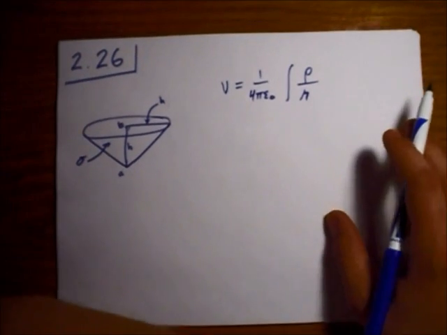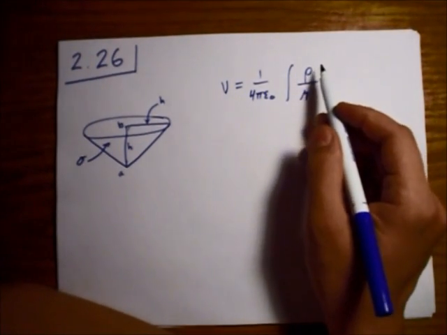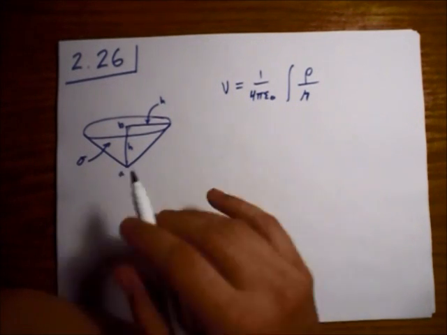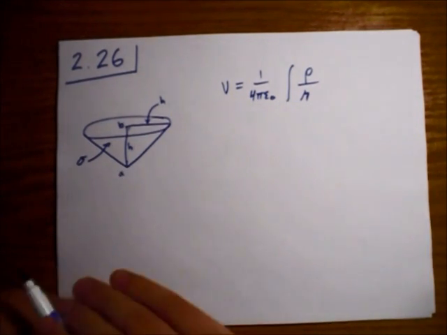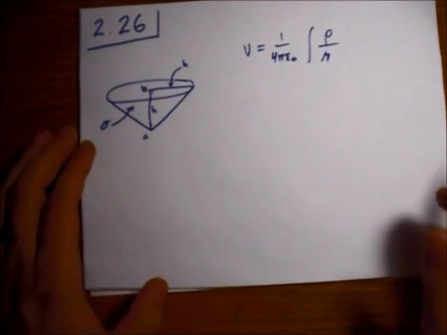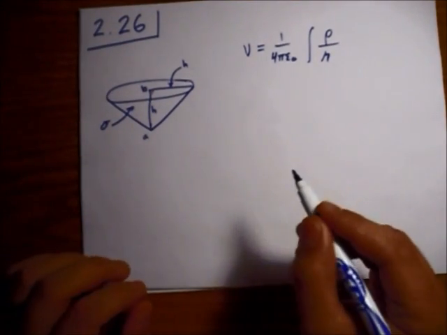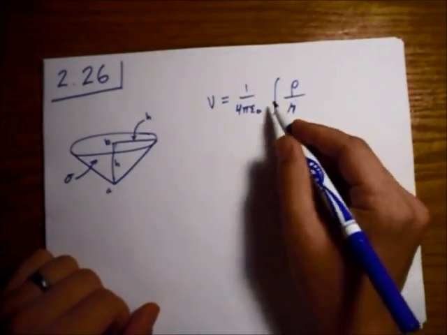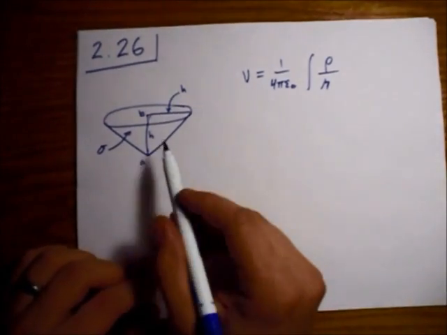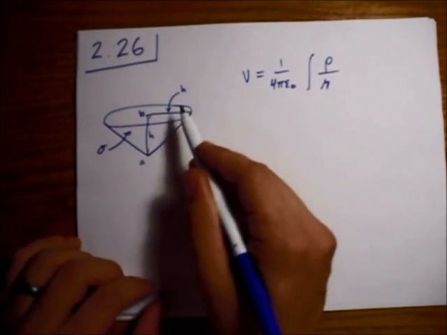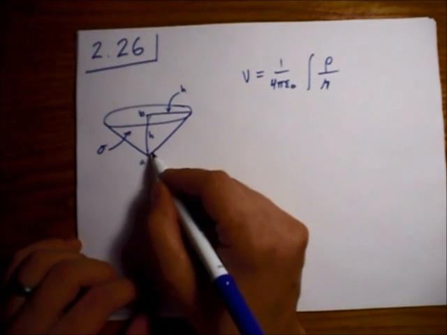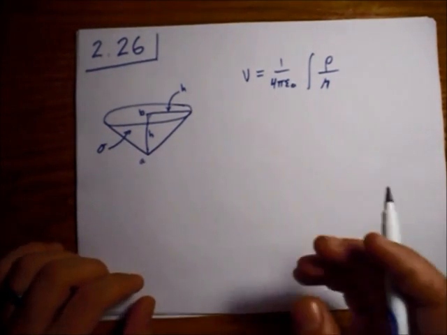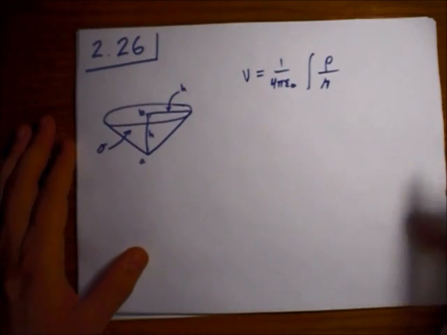Alright, so looking at our integral, let's just dive into this. Let's start with point A. What we really want to find out is what this cursive r is. At every point in our integral, we want to know how far away we are from this point A. You can do this using different variables if you want.